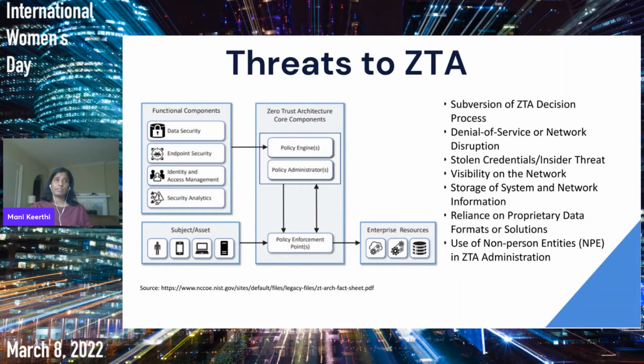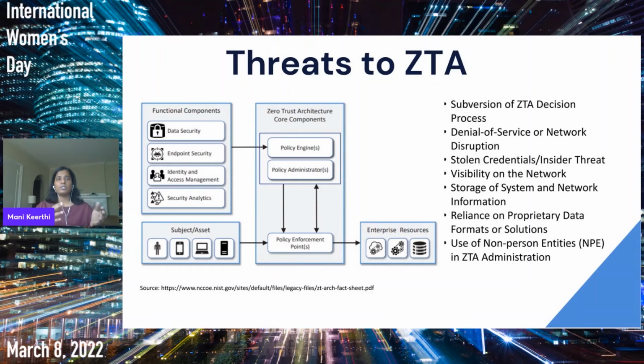If we look at the threats to zero trust architecture, you're looking at subversion. The list of threats has been mentioned here. First, subversion of the zero trust decision process. In zero trust architecture, the policy engine and the policy administrator, as you have seen earlier in the logical components, are the key components of the entire enterprise.